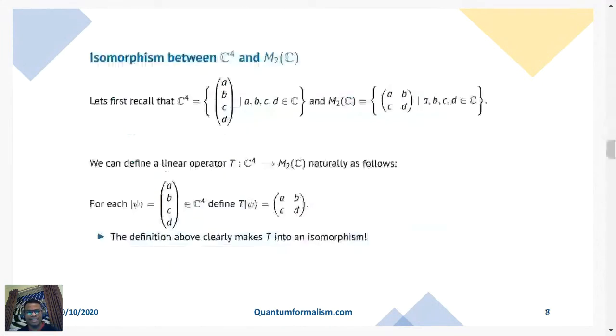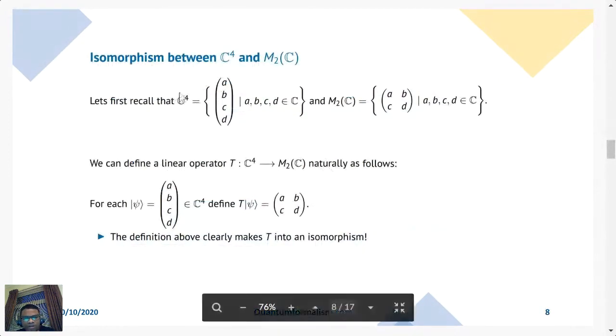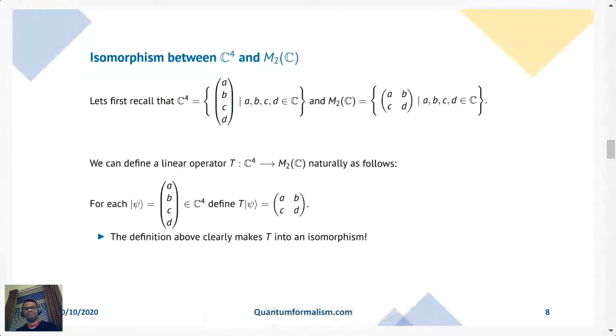Okay, so let's see an example of an isomorphism. Imagine we have C4, with entries A, B, C, D, which are complex numbers. And then we have M2 of C, which we have seen happens to be a ring, but I hope some of you also figured out that M2 of C can also be seen as a vector space over C. In fact, this is a property that makes M2 of C very interesting: it's a ring, and it's also a vector space.